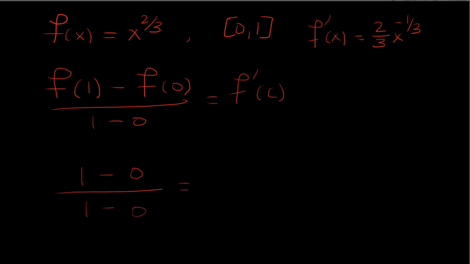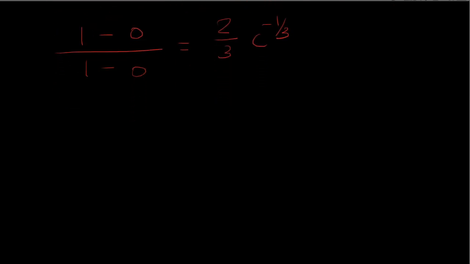F prime of c, well, I'm just going to take c and plug it in for x. So I get 2/3 c to the negative 1/3. 1 minus 0 over 1 minus 0 is 1. That's equal to 2/3 c to the negative 1/3.